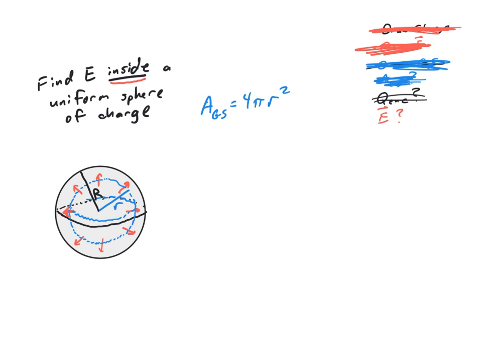Done. Q enclosed. Again, rho is equal to charge per unit volume. So Q enclosed will be equal to rho multiplied by that volume. What volume though? What does enclosed really mean? Enclosed means enclosed by the Gaussian surface.